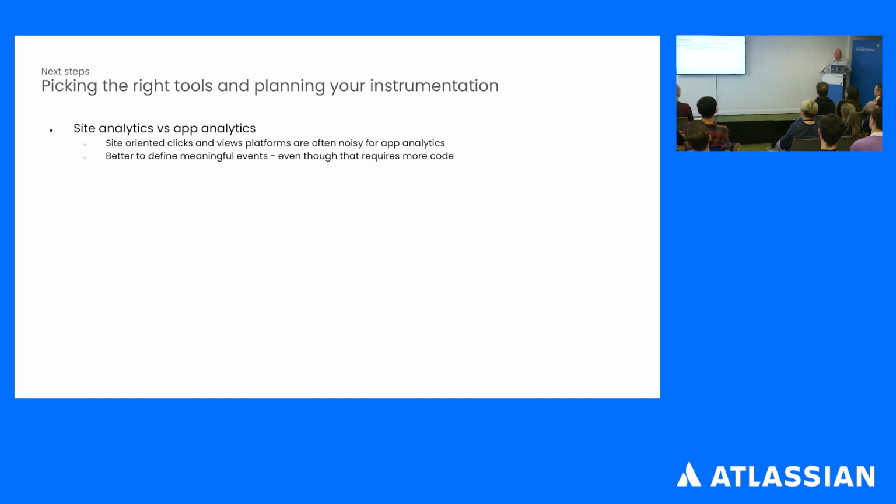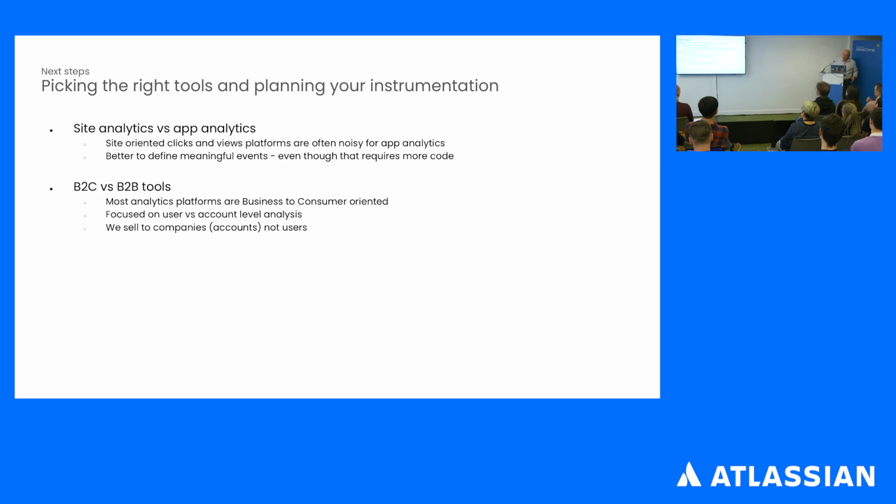Do app analytics. Define meaningful events. Takes more work, takes more code. You'll hear site analytics say one line of code and you completely understand what your users are doing in your site. Yes, cool, but not for product-led growth. It's noisy. Ask me how I know.